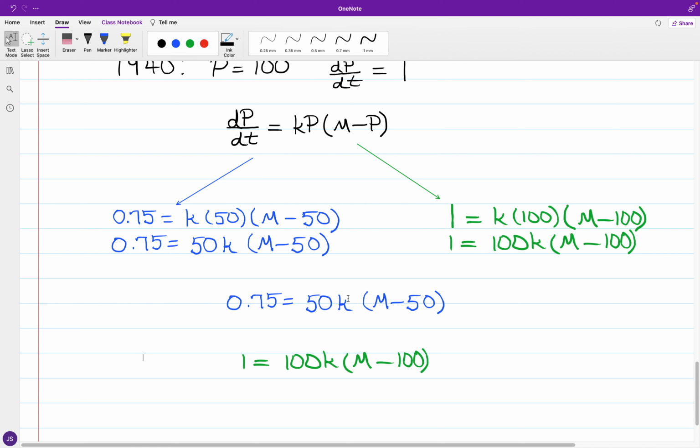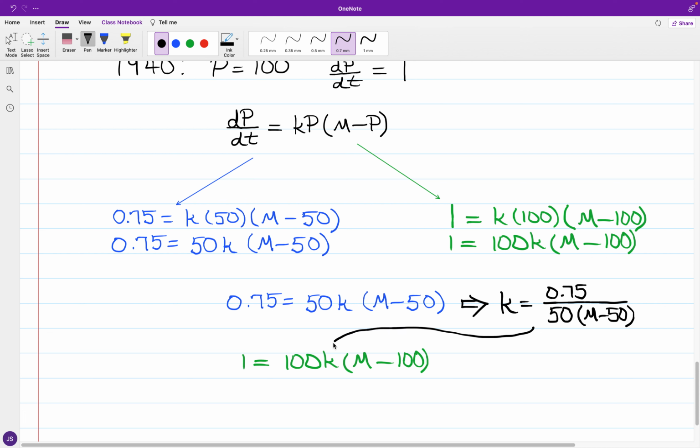And notice, we're going to have the same K to be applied for both equations. So in the setup, if I take what I have from 1885 and isolate K, K is 0.75 all over 50 times the quantity of M minus 50.